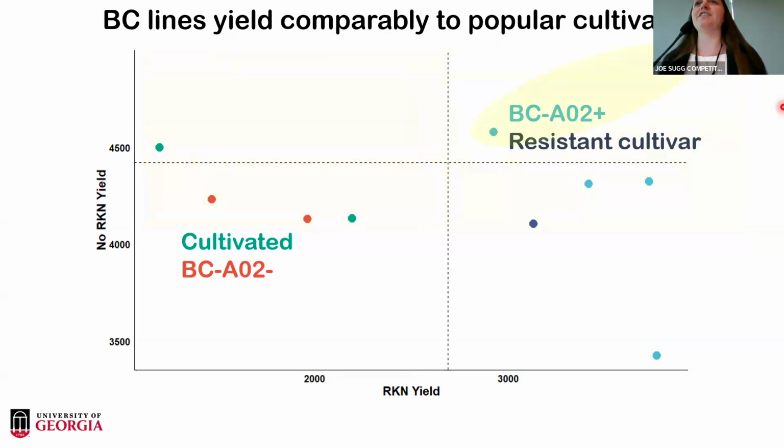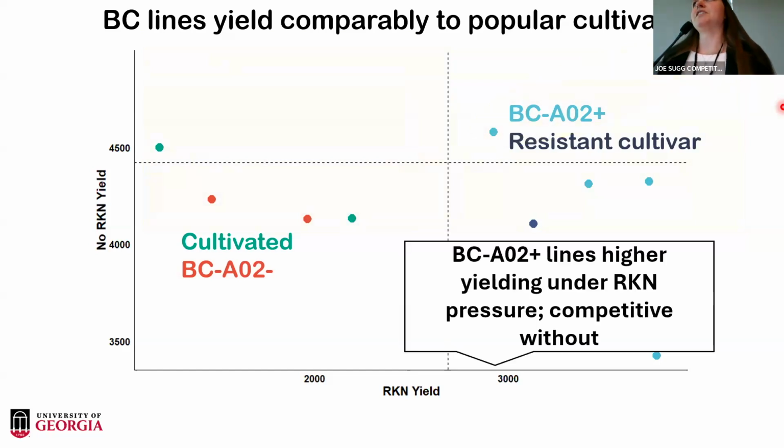And we actually had 2 lines that outperformed Georgia 06G in both conditions. So the take-home message here is really that, of course, the resistant lines outperform susceptible cultivars under nematode pressure, but actually that they can also remain competitive without nematode pressure.